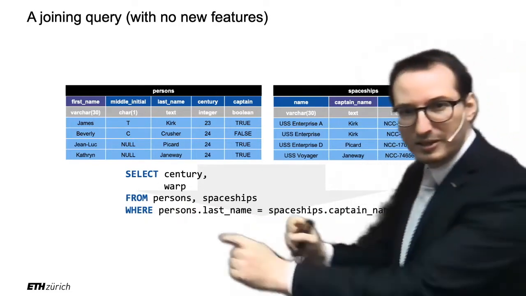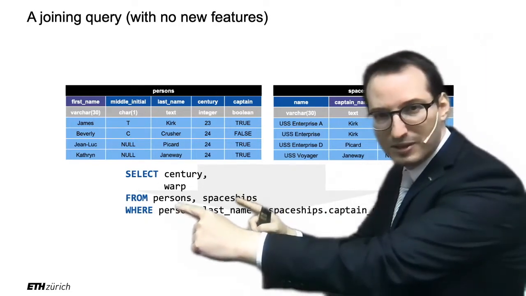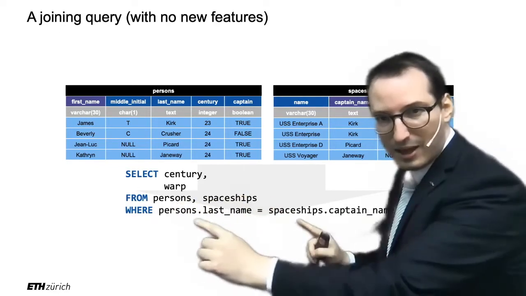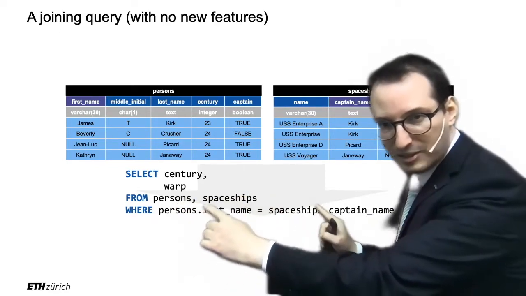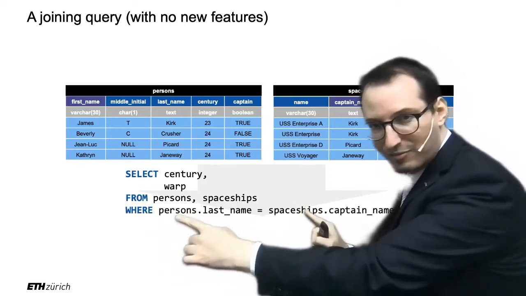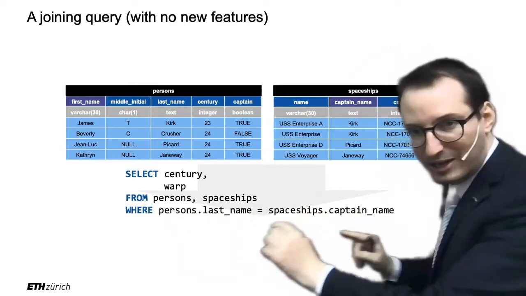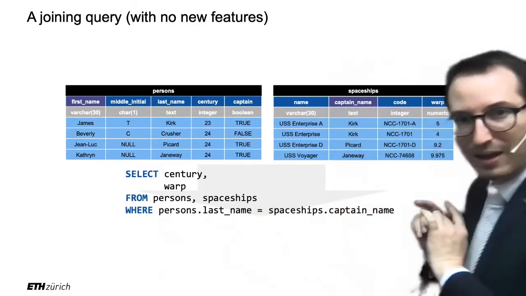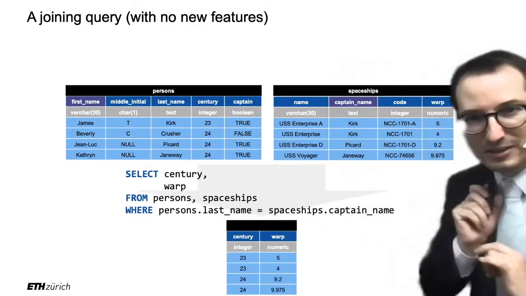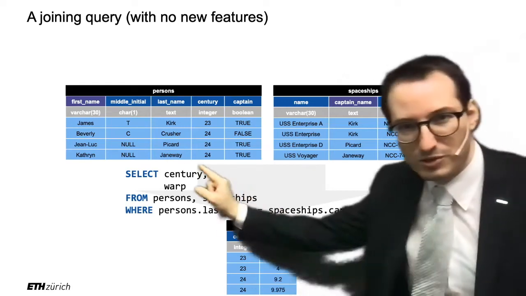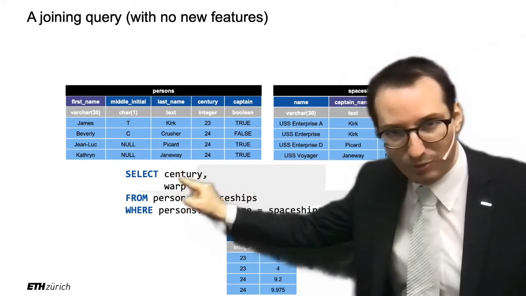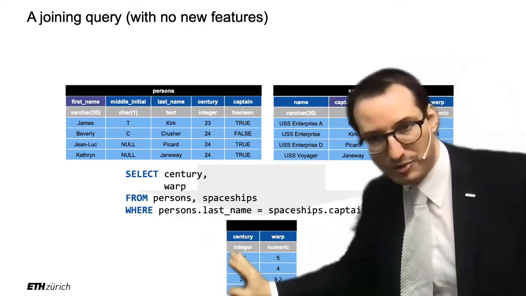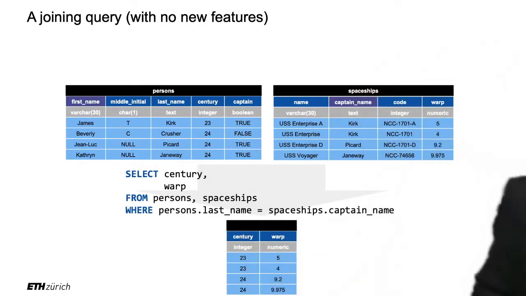What's new in here is we have two tables in the from clause, persons and spaceships, and we say with this little dot in there, we have the table name on the left of the dot and the attribute name on the right. We say the person's last name must be equal to the spaceship's captain name. This is what is returned because we also project on just century and warp. So this here and this there. So we have the century and the warp.